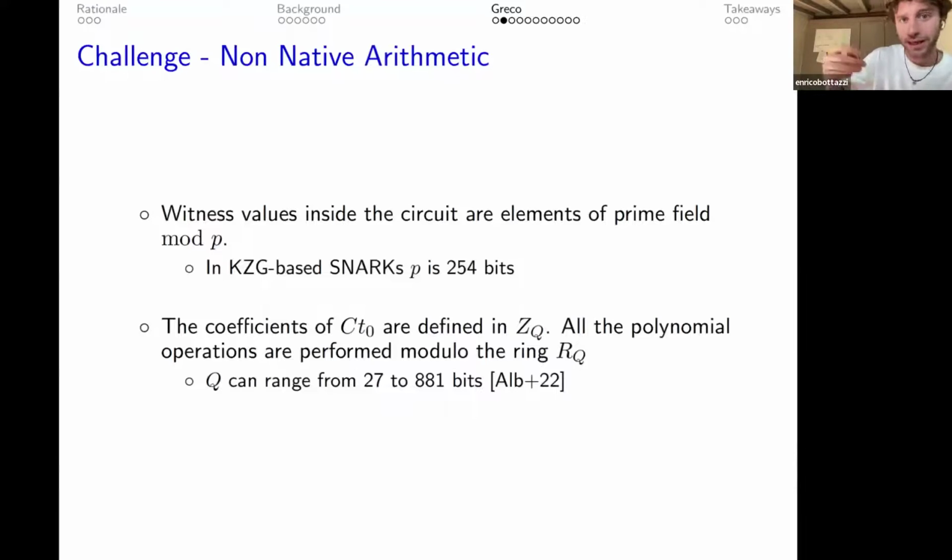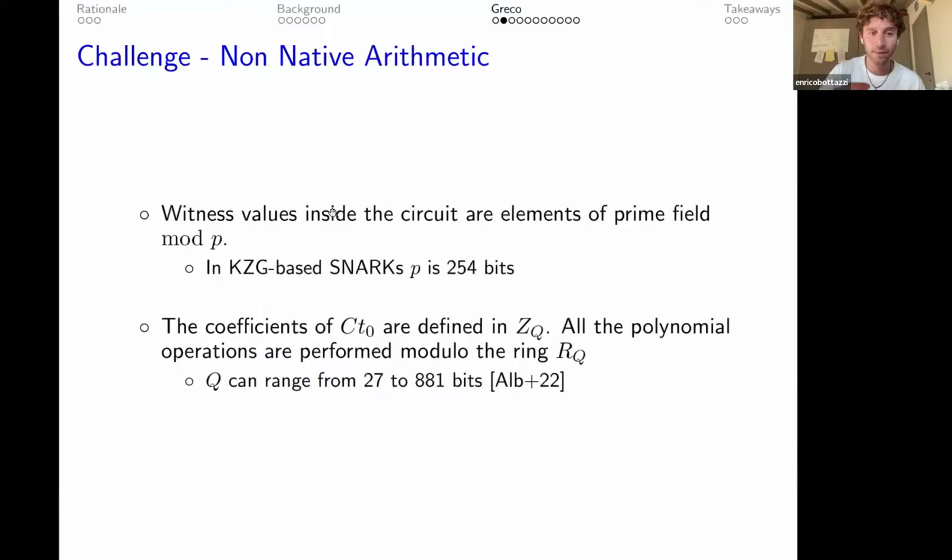We're gonna go through, the idea is more like, okay, we present a challenge and then we explain how the challenge has been overcome in the Greco implementation. So the first challenge is really about how to represent the coefficients of these ring polynomials in our SNARK.